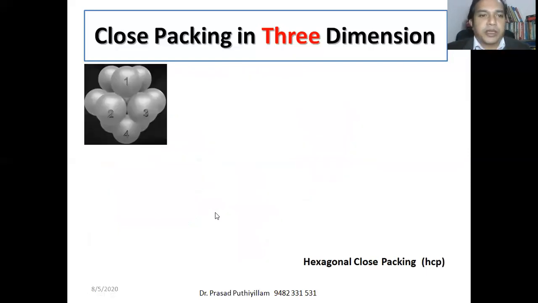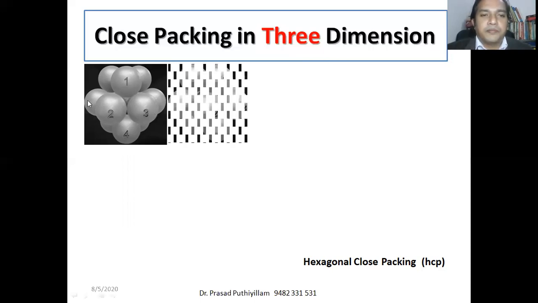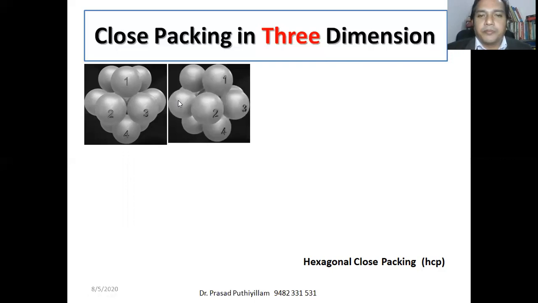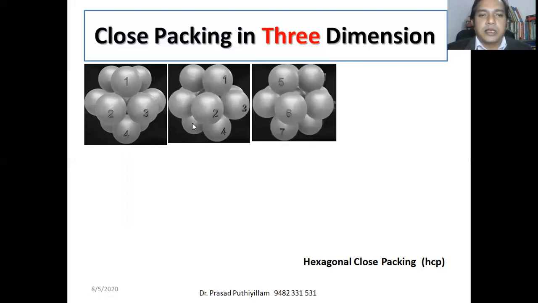Now, the coordination number in hexagonal close packing. How many atoms surround the central atom? It is clearly indicated here. You can see 1, 2, 3, 4 atoms are already marked. Then the fifth atom will be this one, and the sixth and seventh atoms are also indicated.